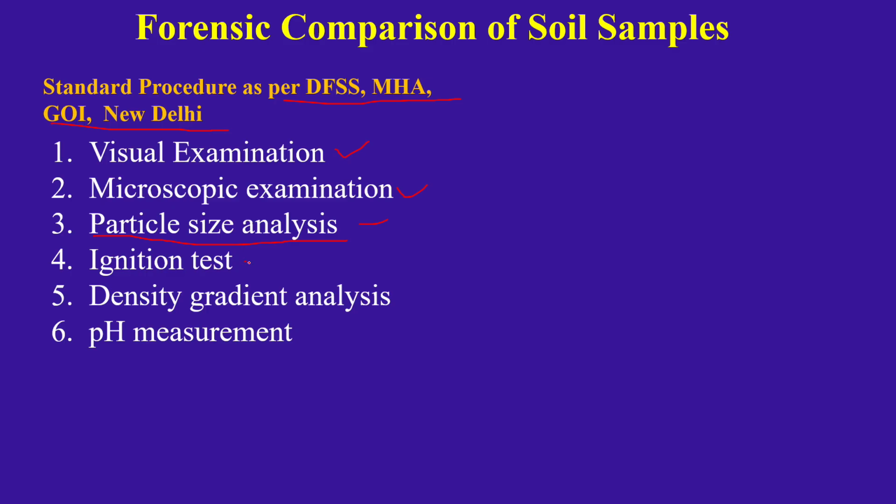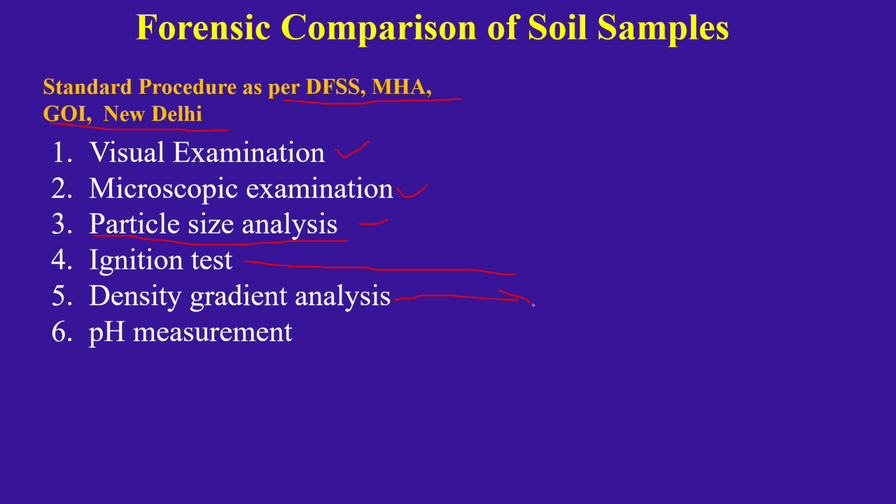Another is the ignition test. The sample is heated, ignited at a particular temperature, and the loss is measured. If both soil samples are similar, they contain similar organic content, so the loss on ignition should be the same or similar. Another is the density gradient analysis.